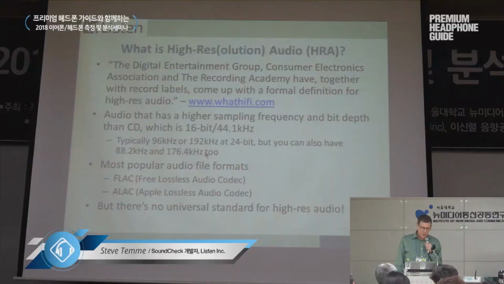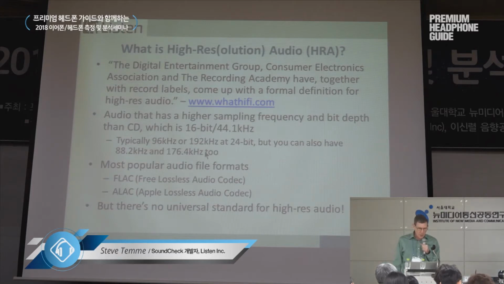So, the Digital Entertainment Group and the Consumer Electronics Association, along with the Recording Academy, have come up with what they call a formal definition, I would say it's informal, of what high-res means. Essentially, high resolution means greater than CD quality. So that's greater than 44.1 kilohertz sampling rate and greater than 16 bits dynamic range.